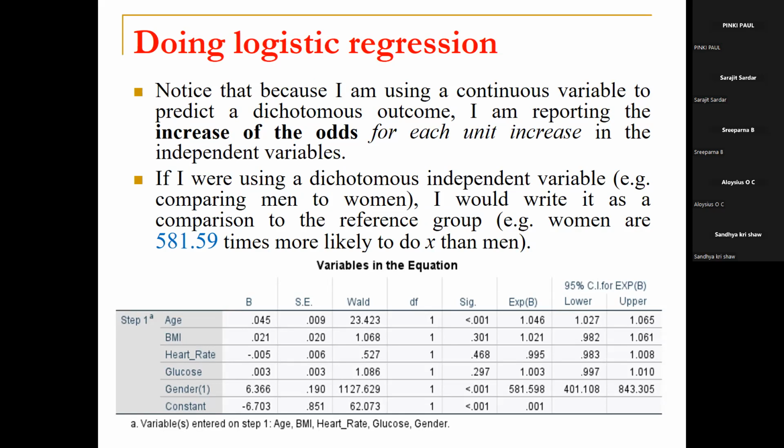Where is the reference group? The reference group is the group which will be compared to find out about the other groups. Here our reference group is male because we are finding our result with respect to the female. So here the women are 581.19 times more likely to have heart disease compared to their male counterparts.